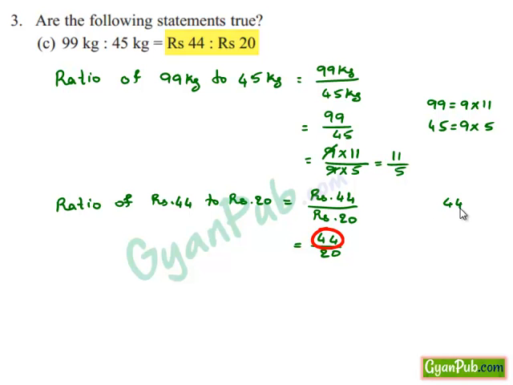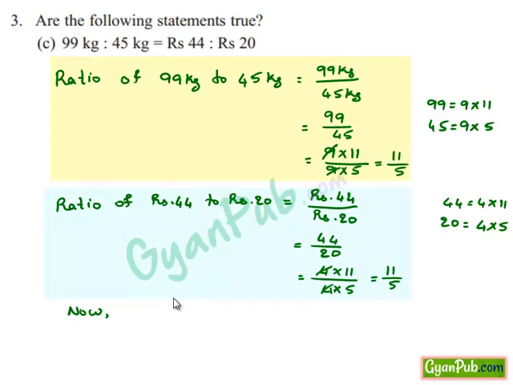Now 44 can be written as 4 times 11 and 20 can be written as 4 times 5. So by rewriting the fraction, we will get 4 times 11 upon 4 times 5, and 4 in the numerator and 4 in the denominator gets cancelled, which gives the ratio of rupees 44 to rupees 20 as 11 upon 5.